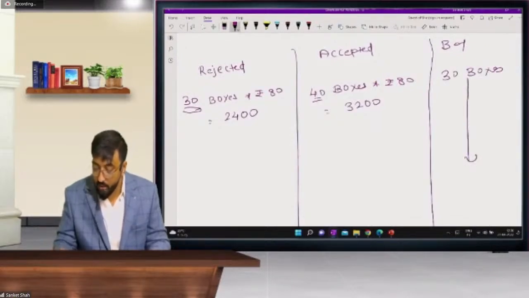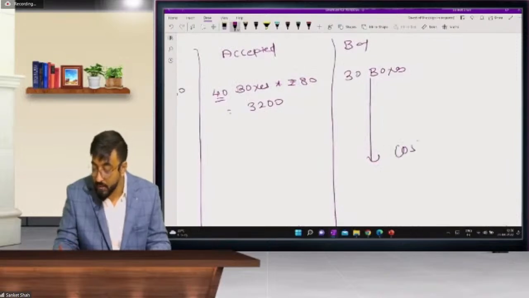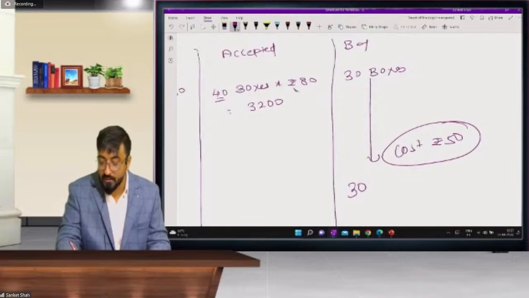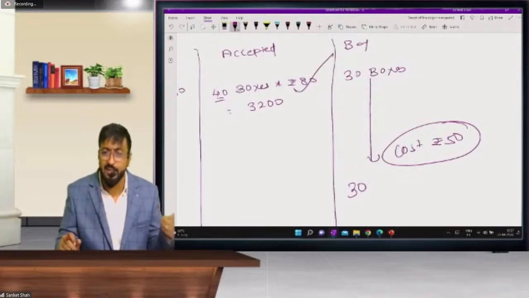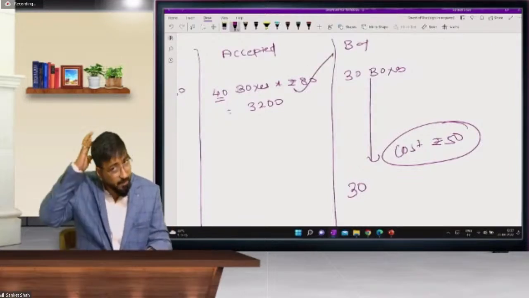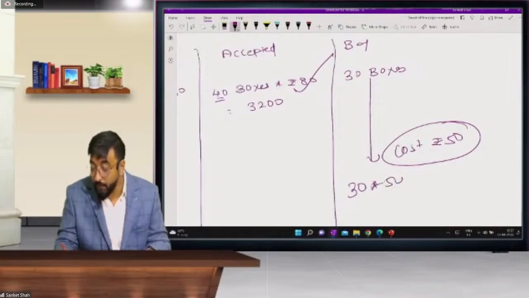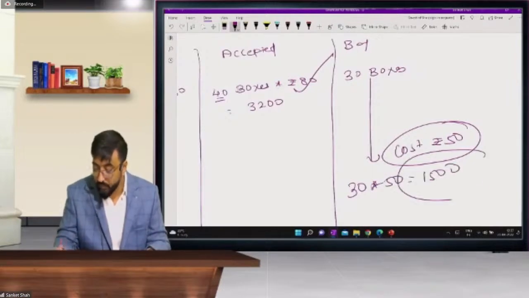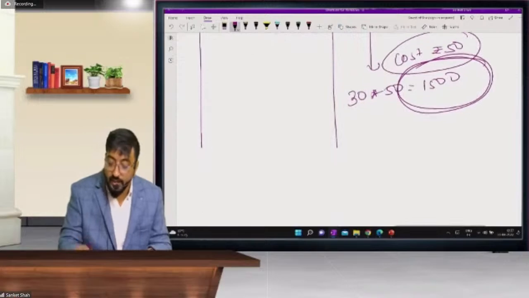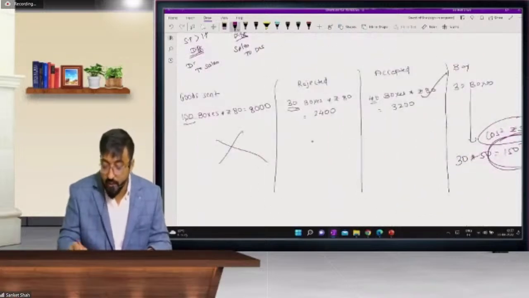For these 30 boxes, assume my cost is rupees 50. Selling price is 80 and cost is 50. So 30 into 50. So here, what is the entry? No entry for this, no entry for this.